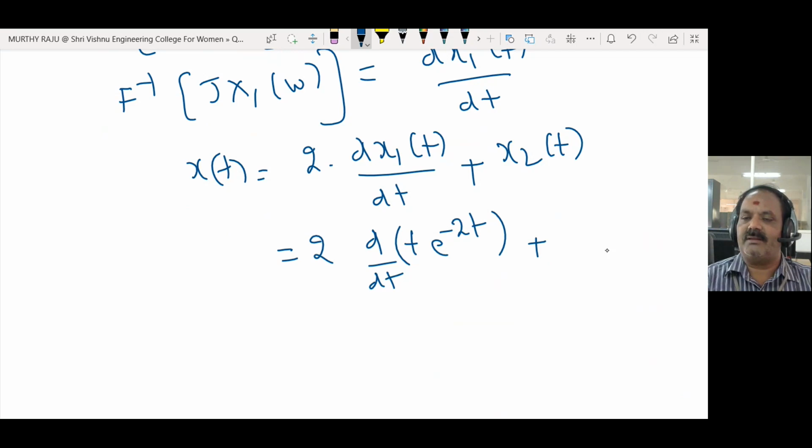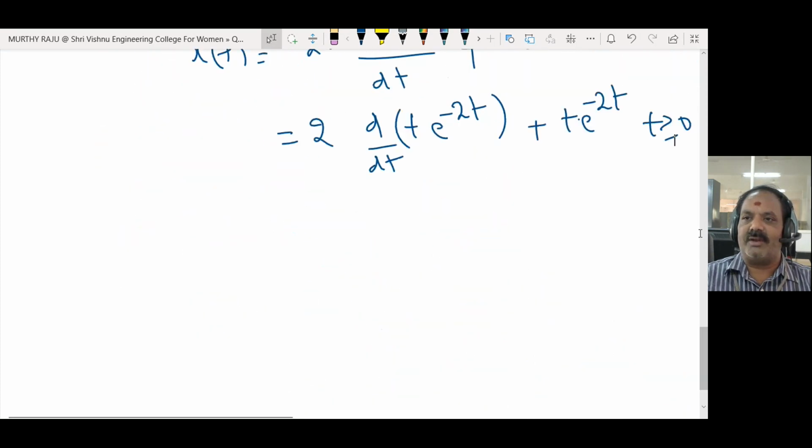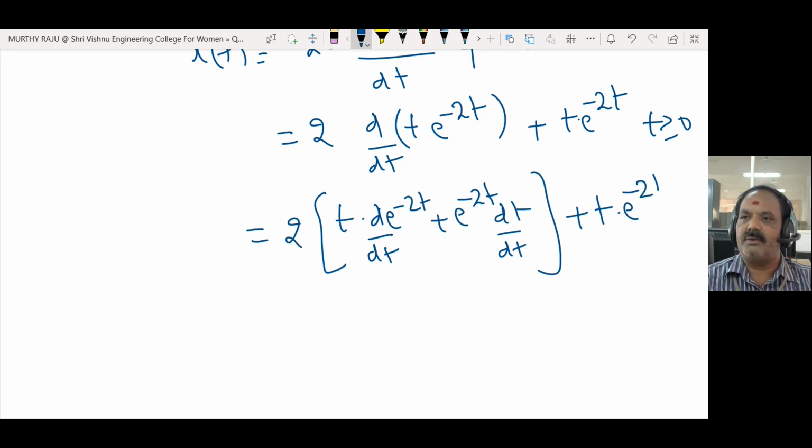X2 of t is also t into e power minus 2t when t is greater than or equal to 0, where u of t value is 1. So 2 into t into d by dt of e power minus 2t plus e power minus 2t into dt by dt, using the UV formula, plus t into e power minus 2t, for t greater than or equal to 0.